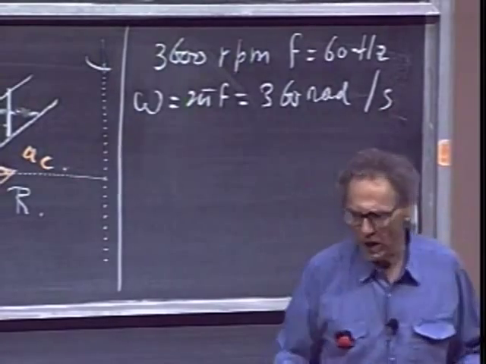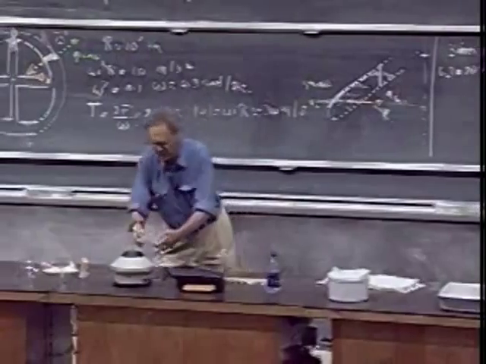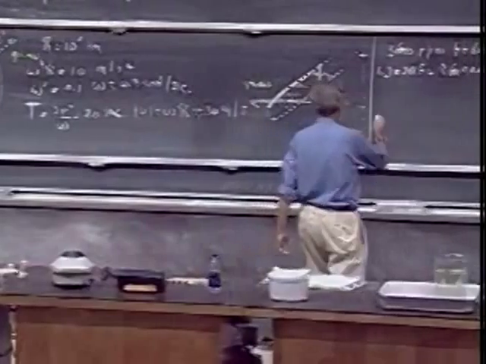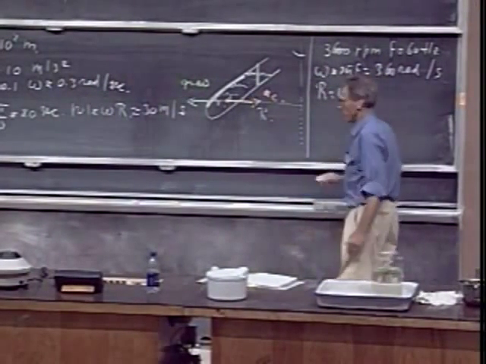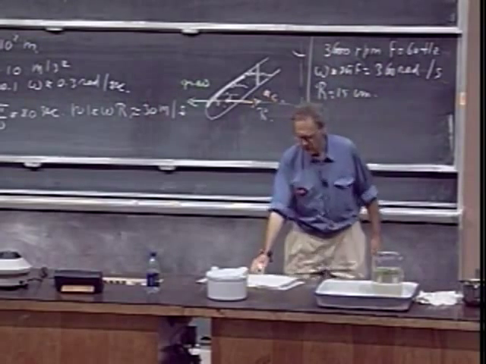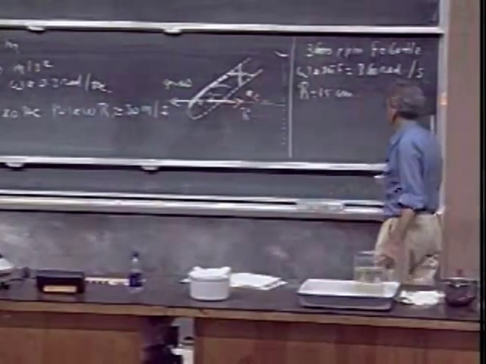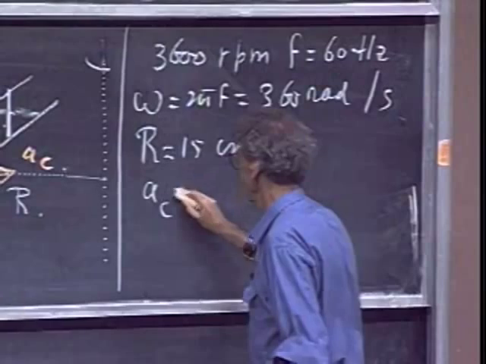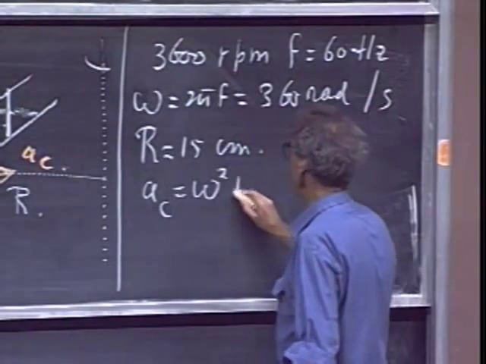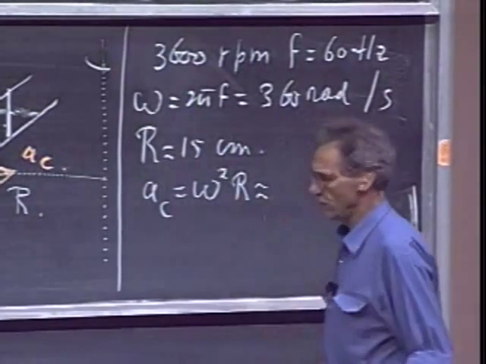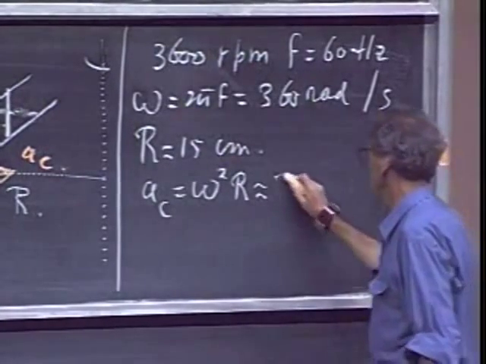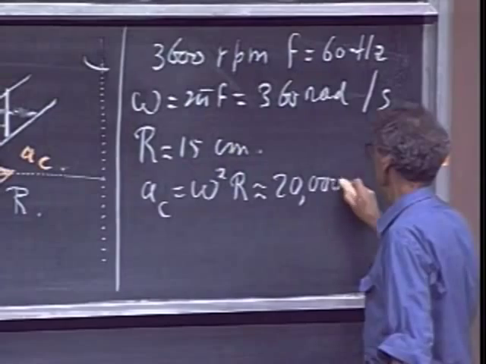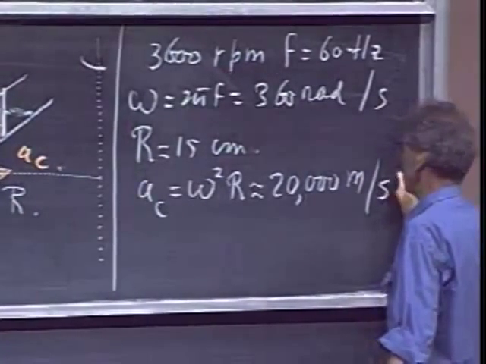If we assume that the radius is maybe 10, 15 centimeters, whatever, let's take a radius of 15 centimeters. And we can calculate now what the centripetal acceleration is. The centripetal acceleration, a_c, which is omega squared r, is then roughly about 20,000 meters per second squared.